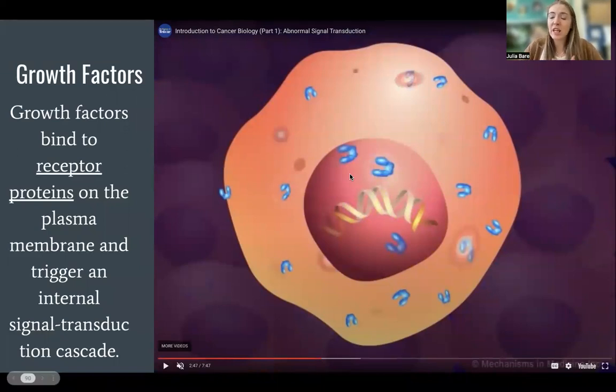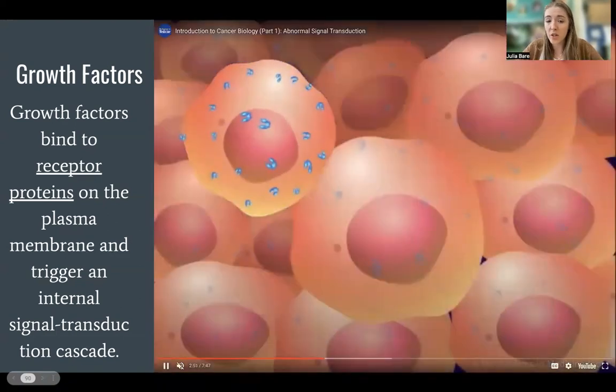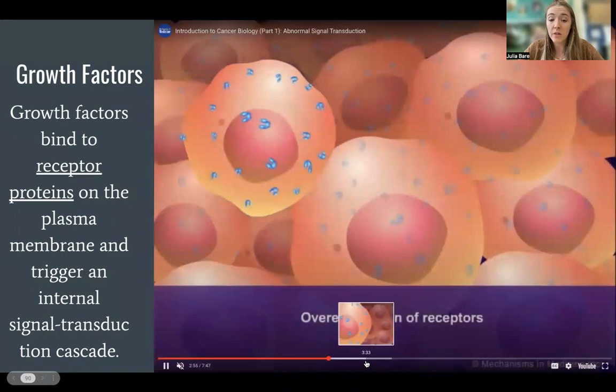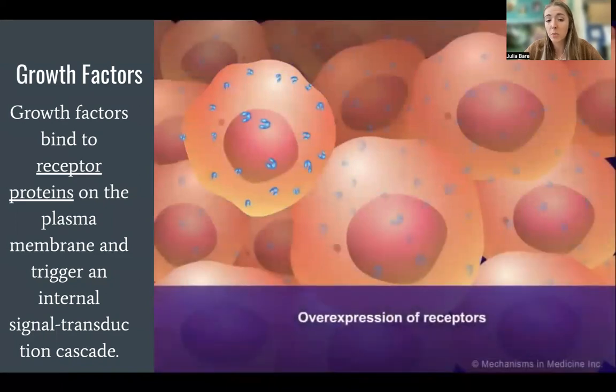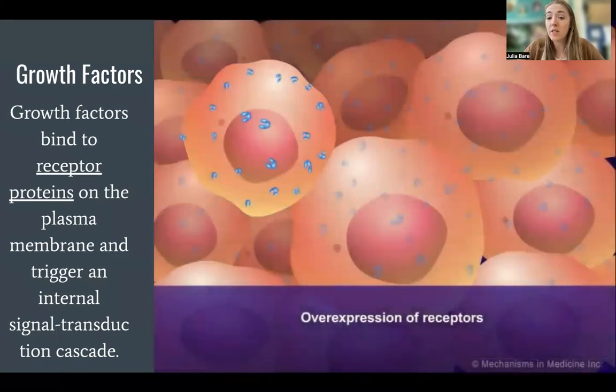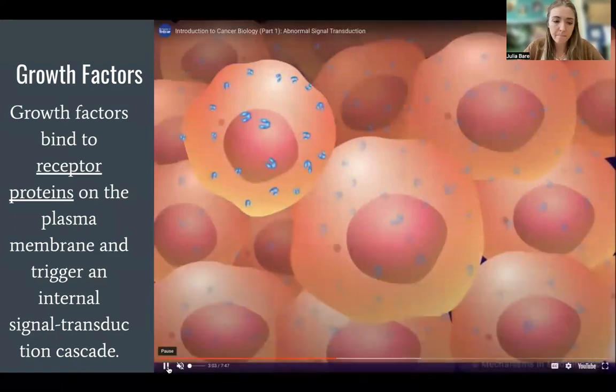And that increased amount of receptors means that the cell is going to be much more sensitive to any growth signals or ligands that will cause the cell to go through cell division. And so this can end up causing cancer as well when there is a mutation that causes an increase in the number of receptors. This is gene expression, overexpression of the receptor proteins.